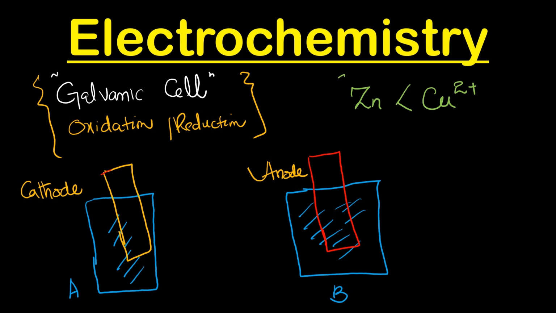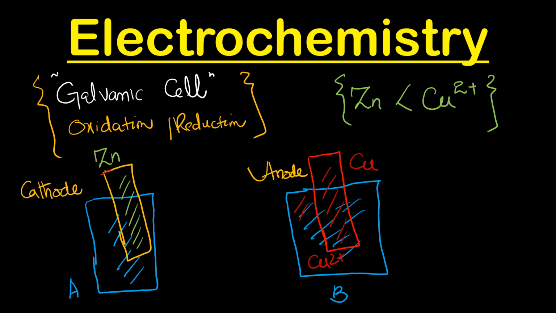So usually in a galvanic cell, zinc is used as a part of a cathode, our cathode is made up of zinc atoms, whereas the anode is made up of copper atoms, and the solution of the cell in which there is copper consists of Cu2+ ions.